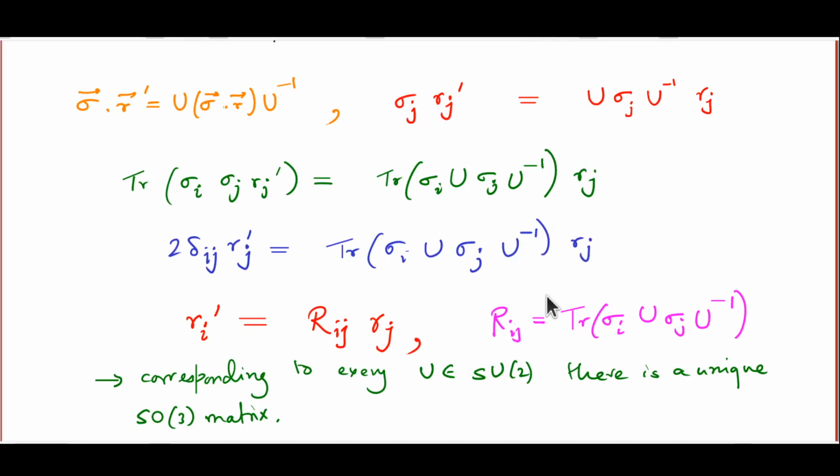And this means that corresponding to every u belonging to SU2, you can find a unique SO3 matrix, a unique rotation matrix, whose matrix elements can be simply found with this formula as written down.